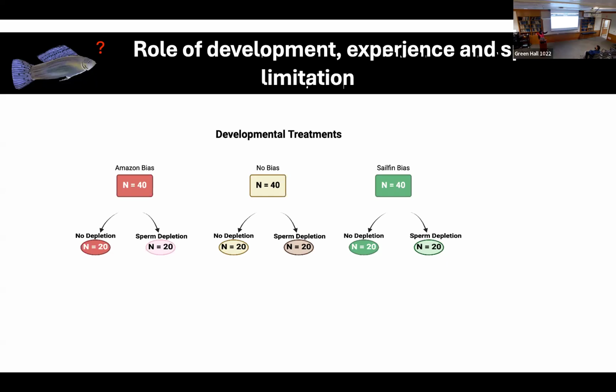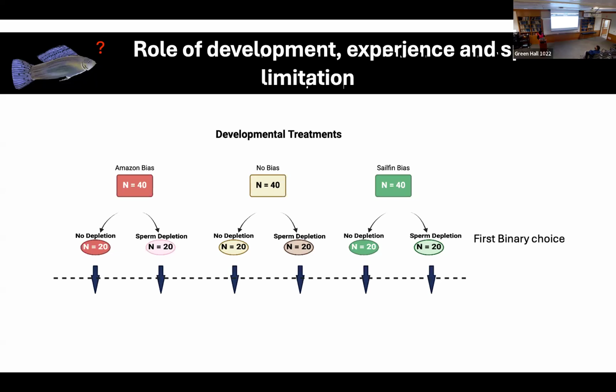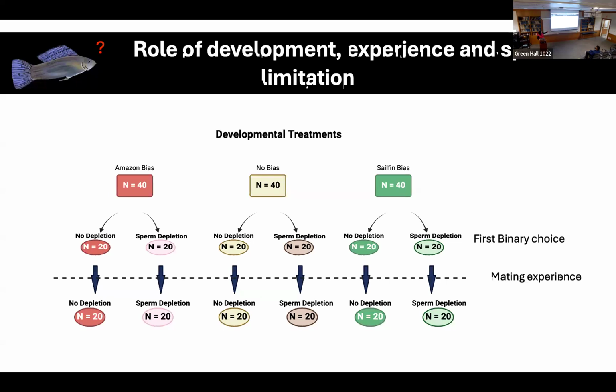After that, depletion or no depletion, they'll be given their first binary choice test and then allowed to interact with the females and hopefully mate with the female. Then I will repeat this. They'll get that mating experience, and then I will give them their second binary choice test. I will look at how their choices change between the first binary choice test and the next, looking at the interactions between development, experience, and sperm limitation.